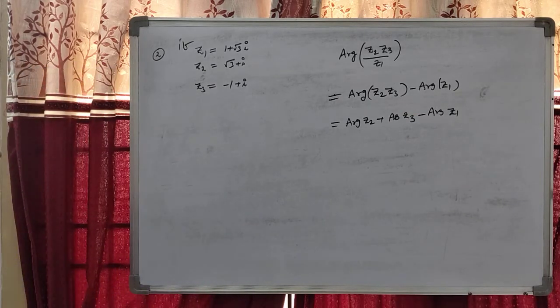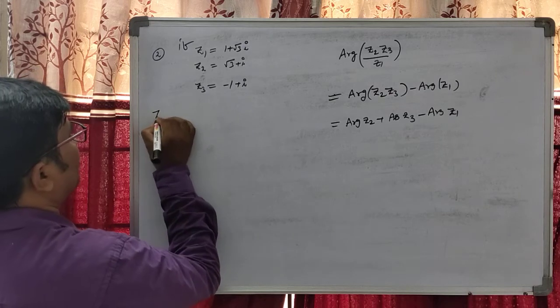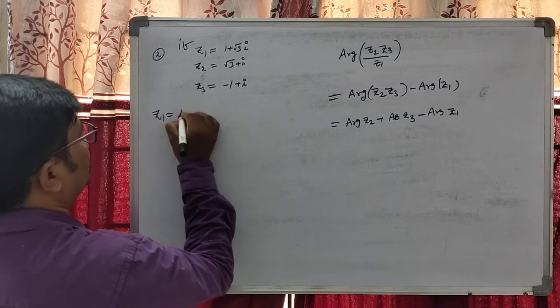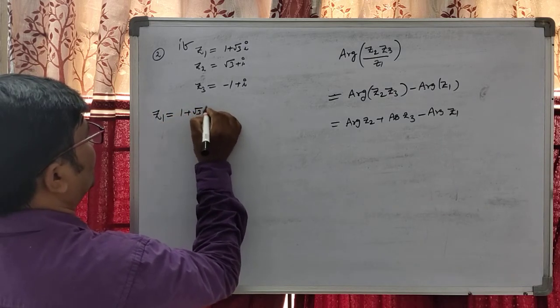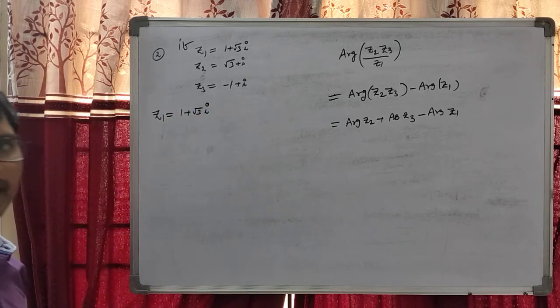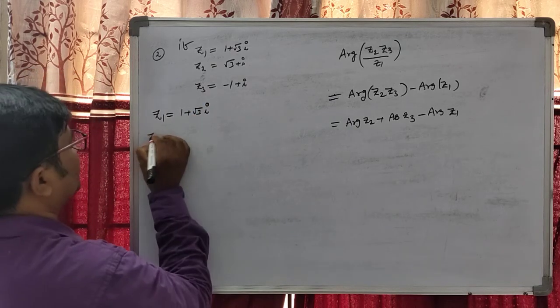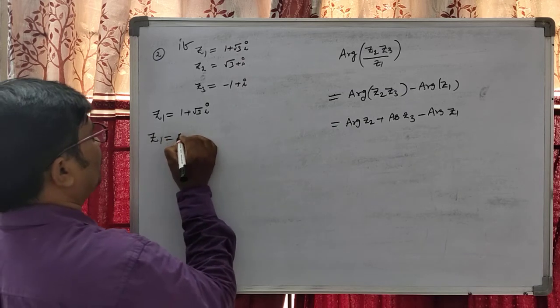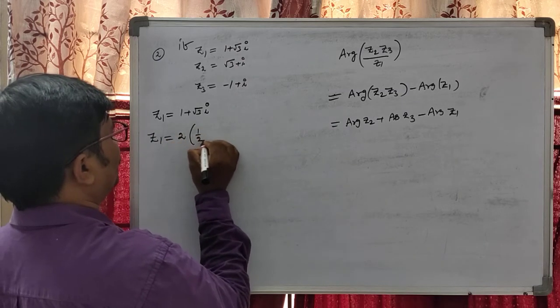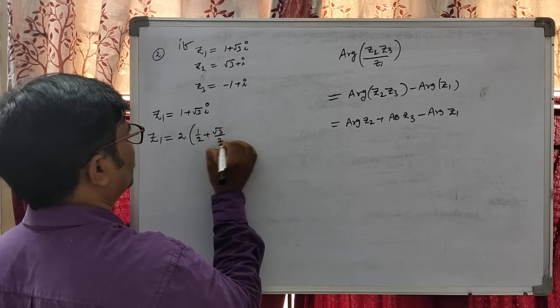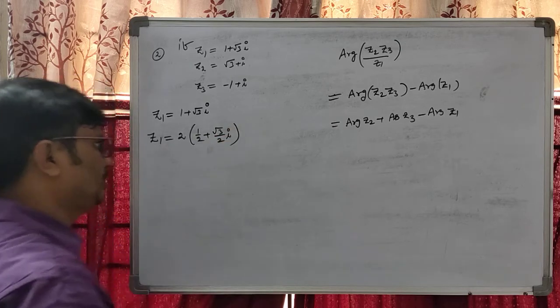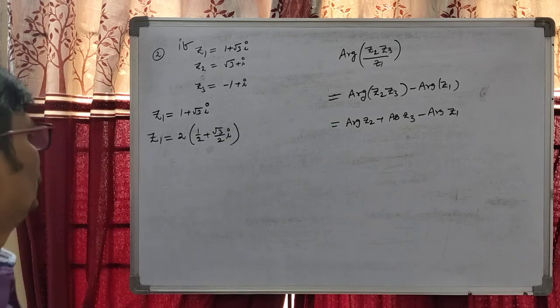So students, Z1 is 1 plus root 3 i. So Z1 equals 2 into (1/2 plus root 3 by 2 i).